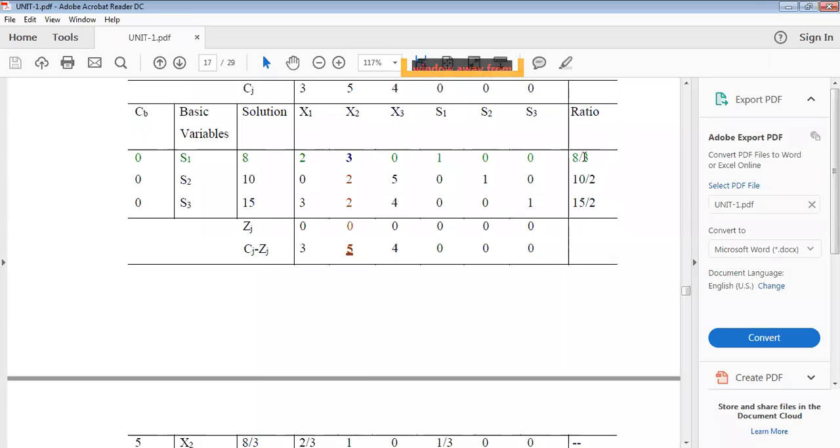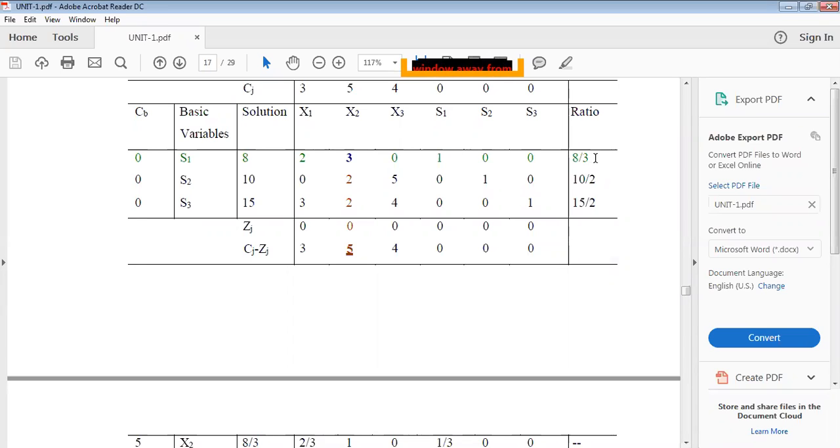Least ratio means 8 by 3 is the least ratio. Here you are getting 5, you are getting 7.5, whereas you are getting only 4, and 4 is the least ratio. You mark a horizontal arrow here pointing towards this 8 by 3, from this point to this point.